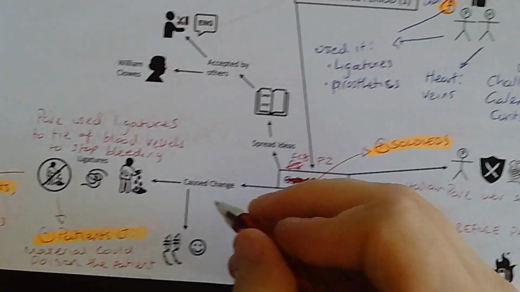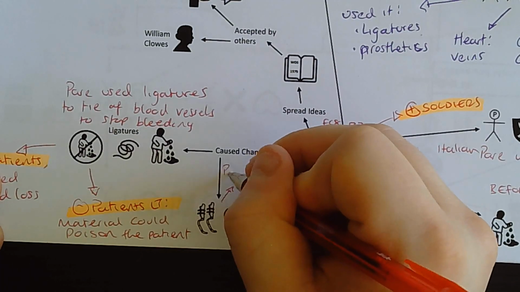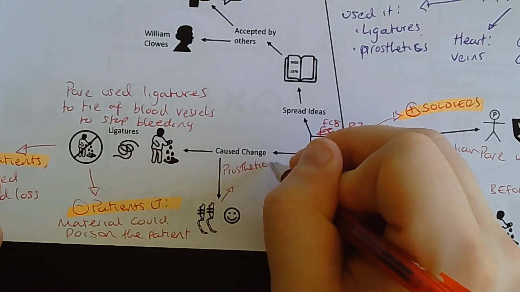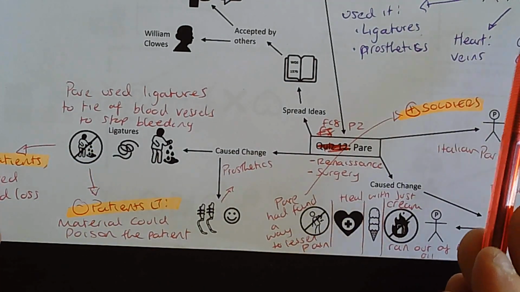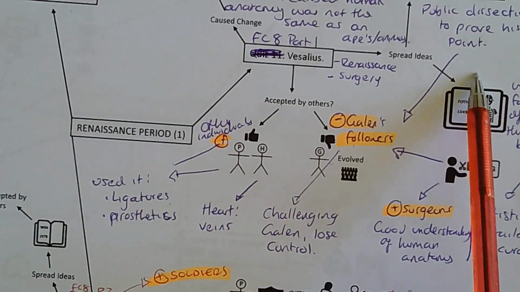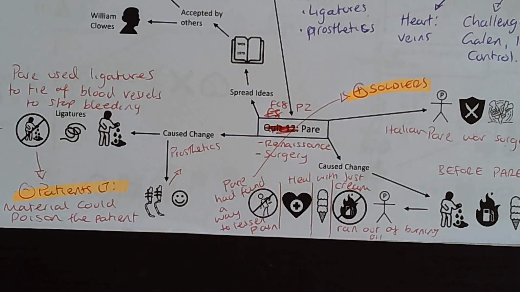So if you think about it, then there are a couple more groups that we could go into depth about. And finally, we also have the fact that Pare created prosthetics using, remember, especially with ligatures and prosthetics, Vesalius's fabric of the human body. So they would use the fabric of the human body to then look at the limbs, look at the veins, what was needed for that leg.